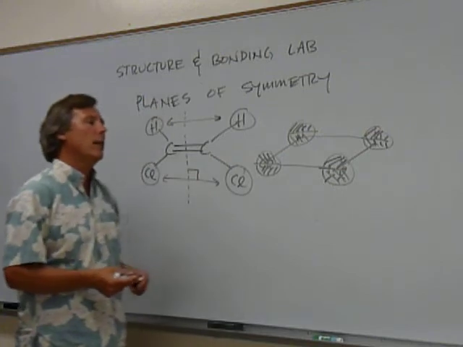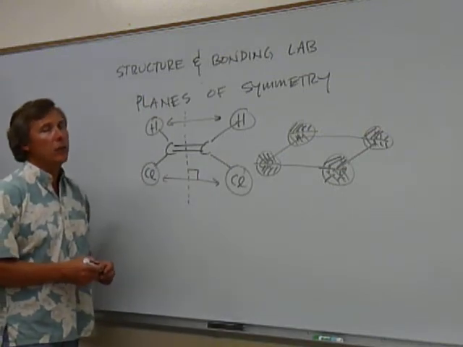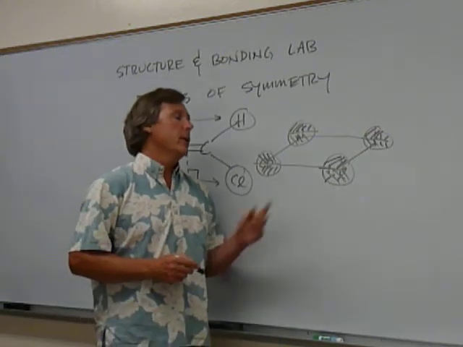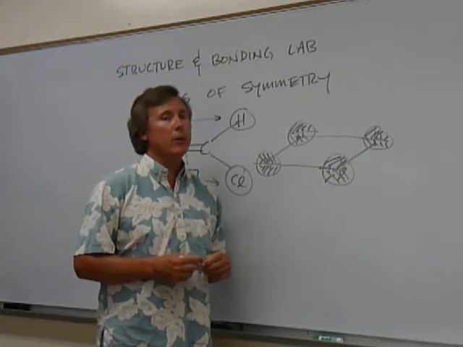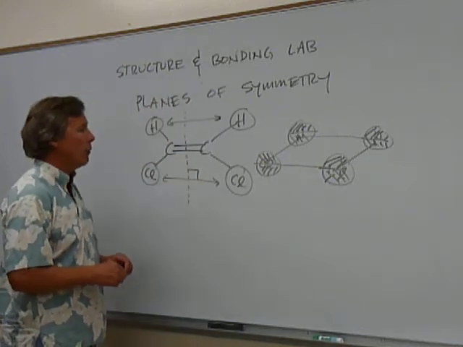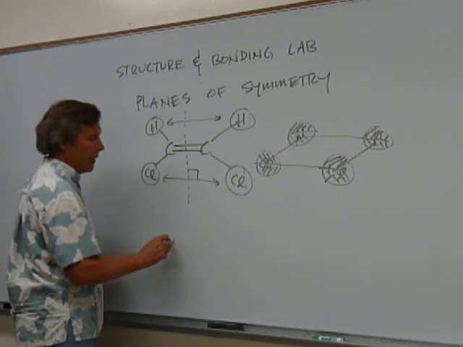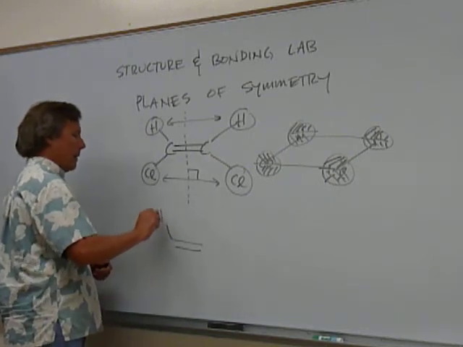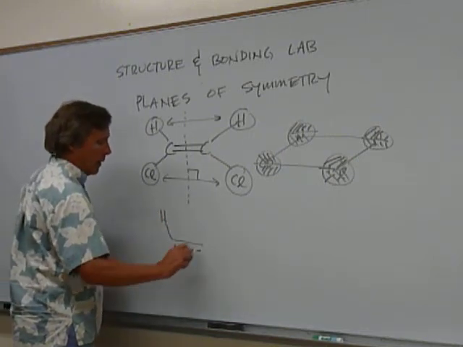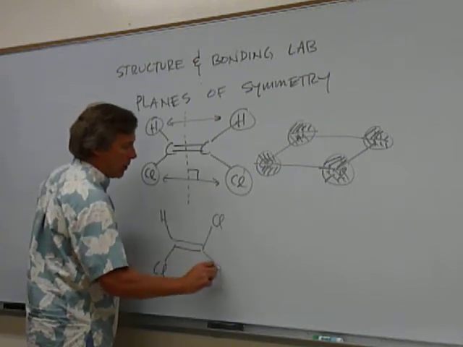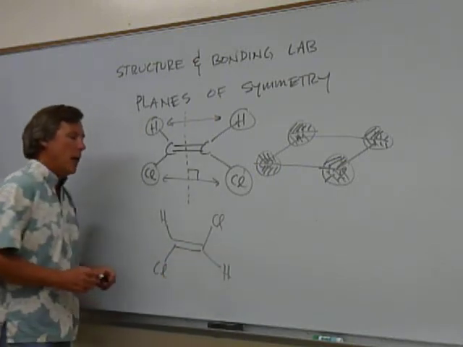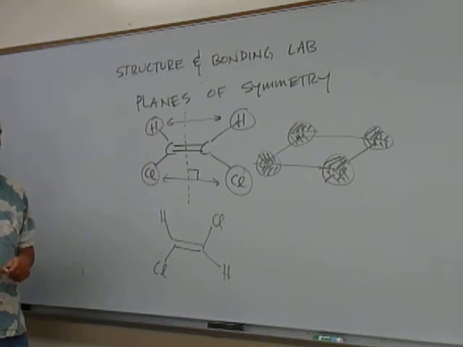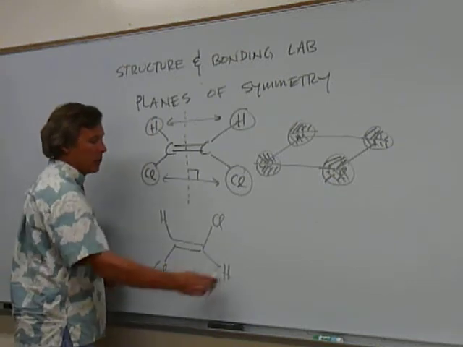So a molecule that lies flat has at least one plane of symmetry, the plane that it sits in. And in this case, when we look at double bonds, we're looking at the double bond that lies flat in the trans molecule. The trans molecule has at least one plane of symmetry as well, the plane that the atoms lie in.